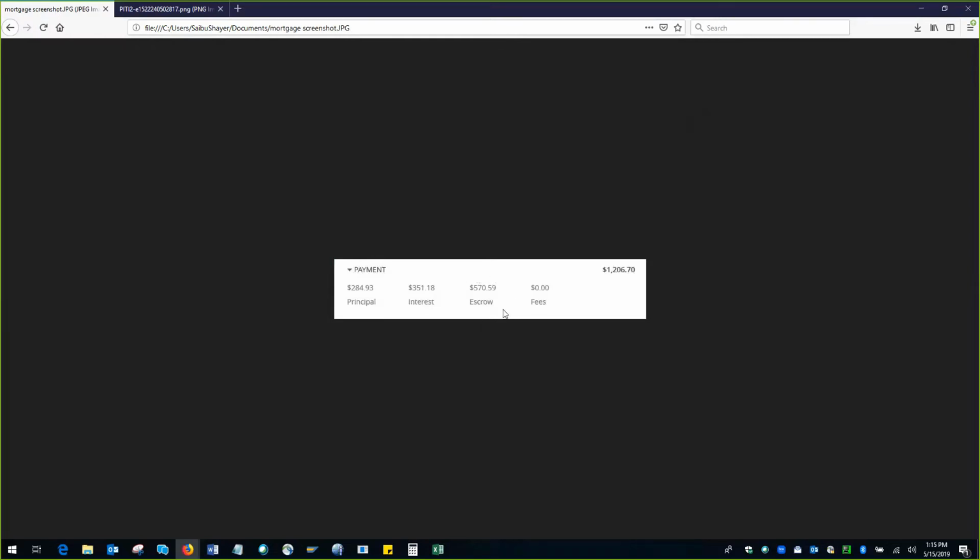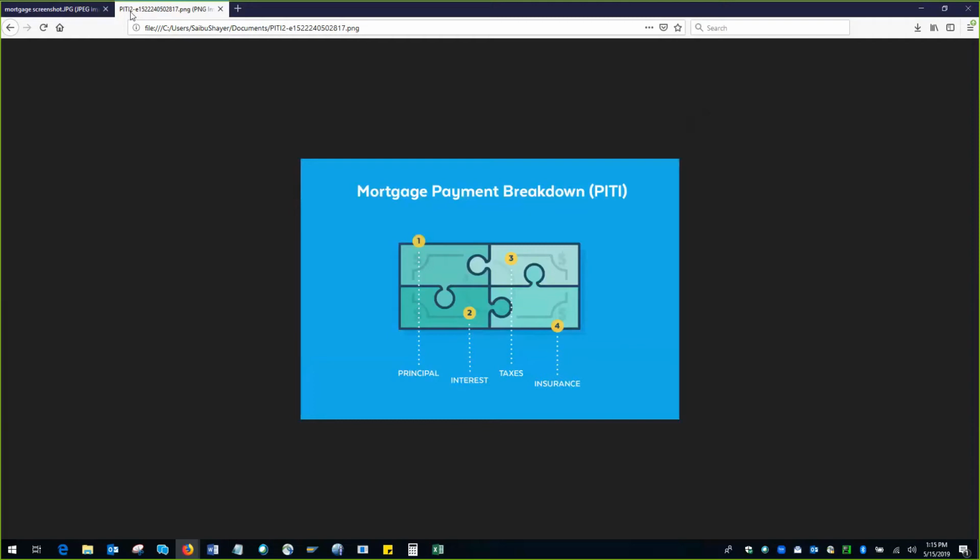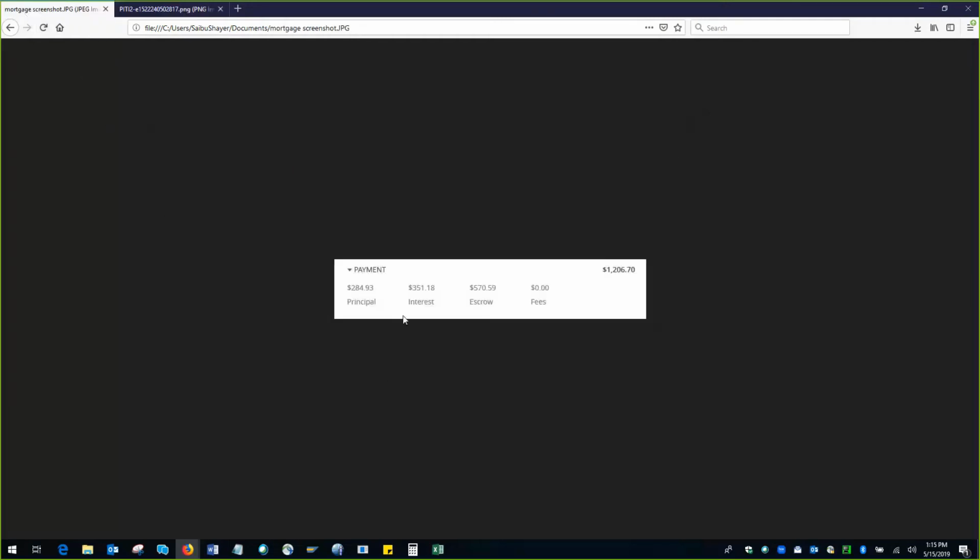So why not just list them as taxes and insurance? Well, because unlike your principal and interest, your tax and your insurance are due once a year, and it's usually a considerable amount. A lot of people may not have the money set aside. So the bank creates an escrow account where they take money from you every month and just keep it there for you. When the tax bill or the insurance bill comes for your property, they pay it from that escrow account.